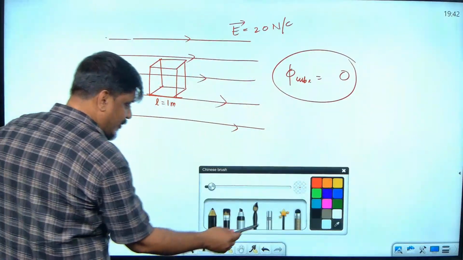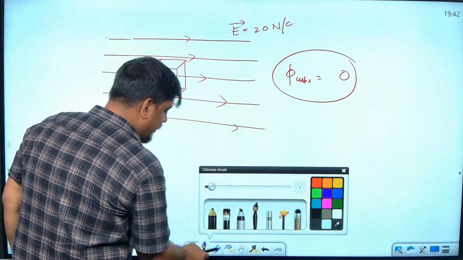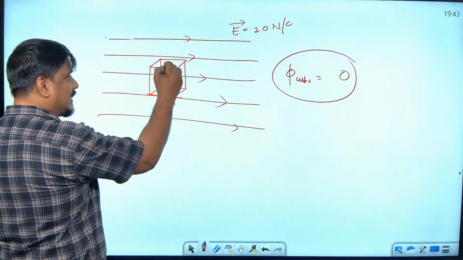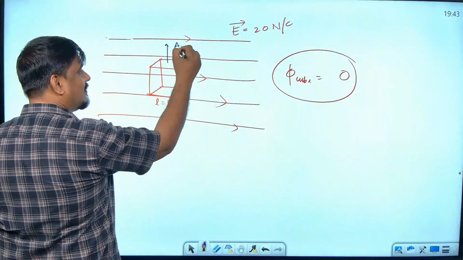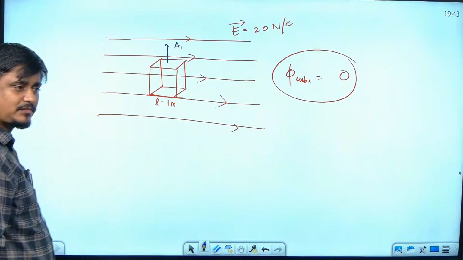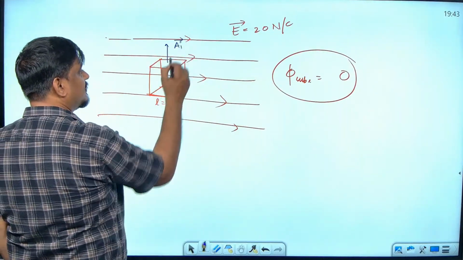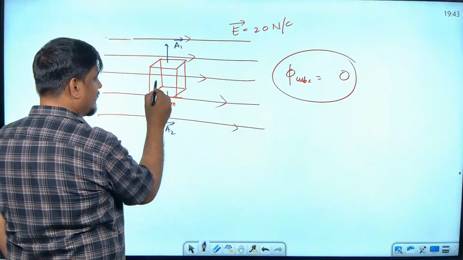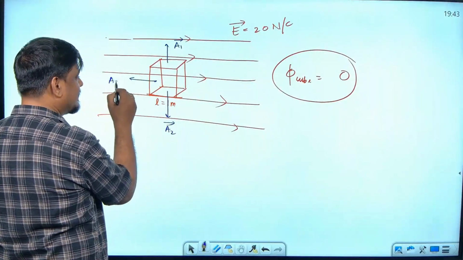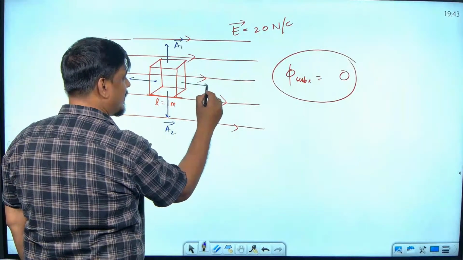So let me try to make it visible to you. This surface, the above surface, will have an area vector like this. I am writing it as A1. Then below I am writing A2. Towards left I am writing A3. Towards right I am writing A4.